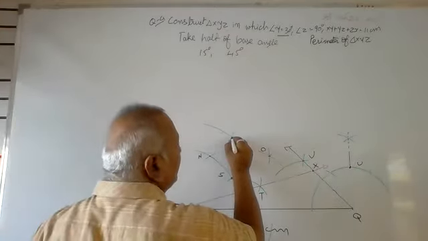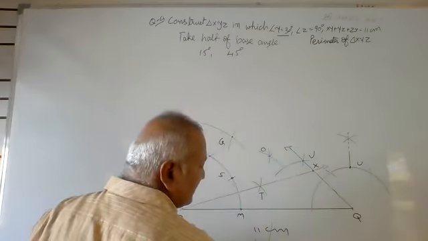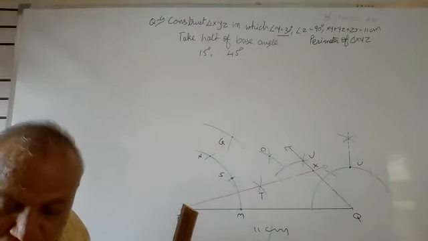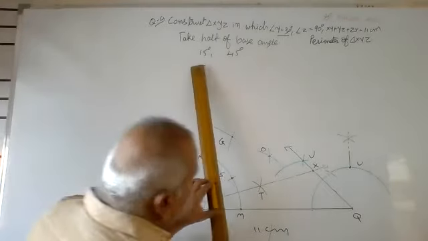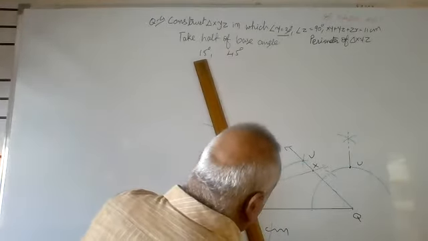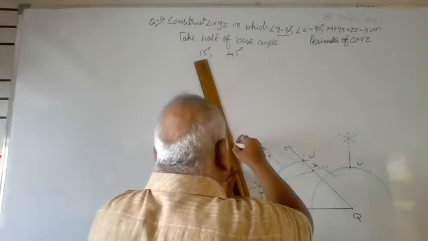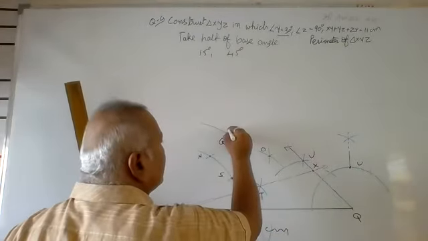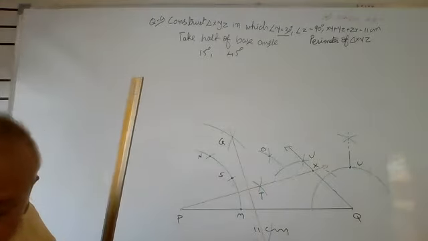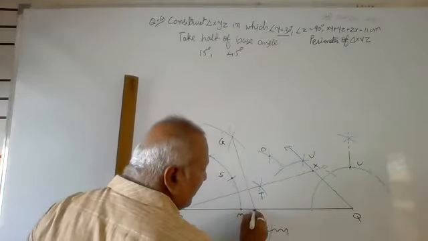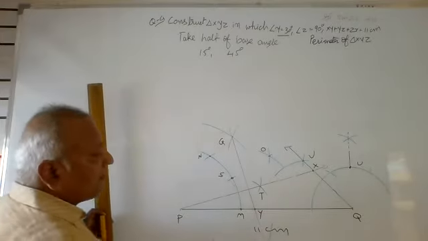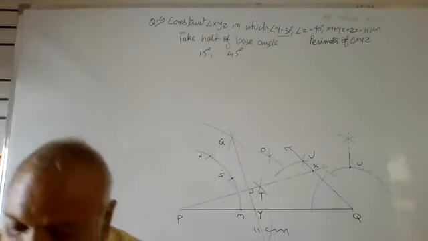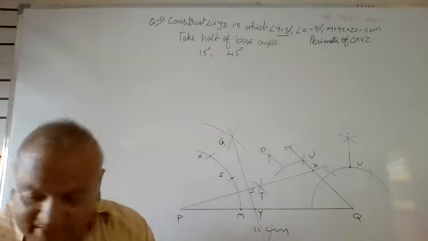I will name them G and H. Join G and H. Where this GH intersects PQ, we can say this point is our Y point. It is the perpendicular bisector.